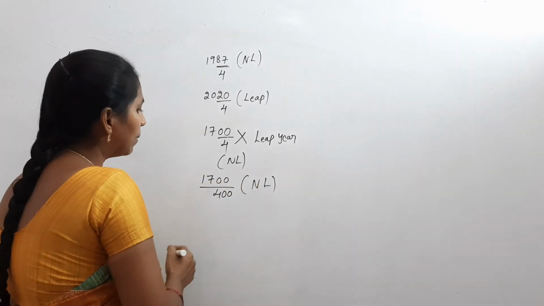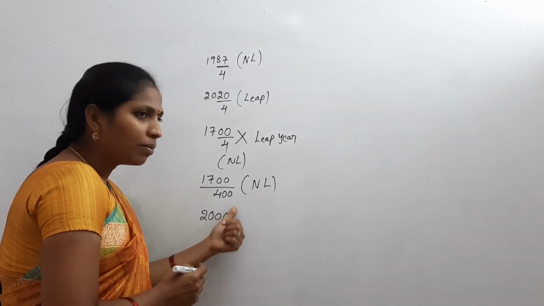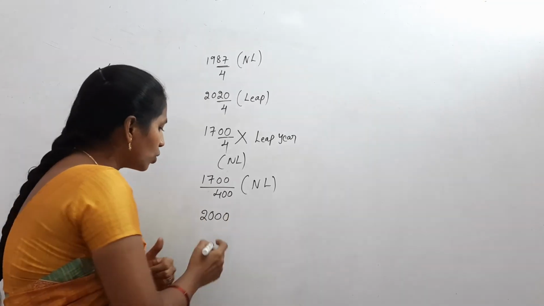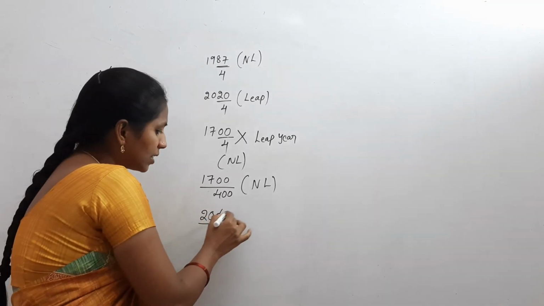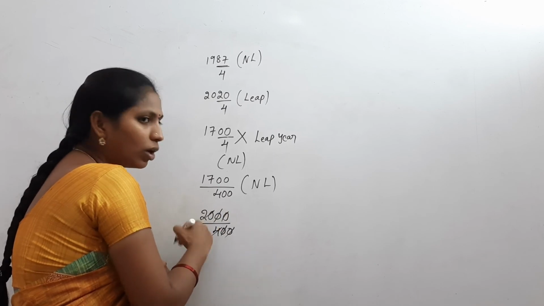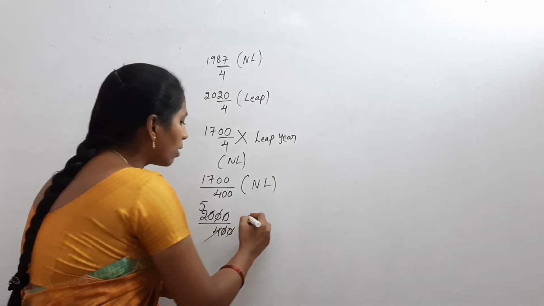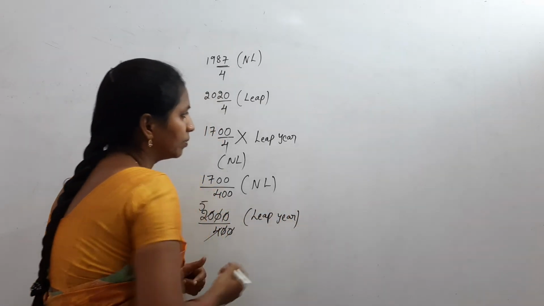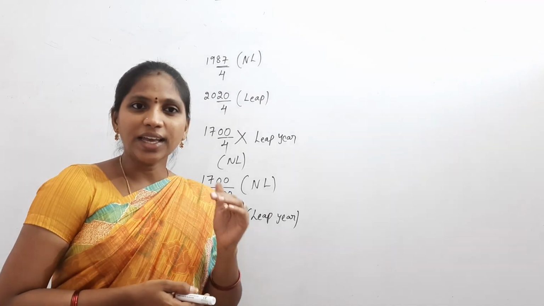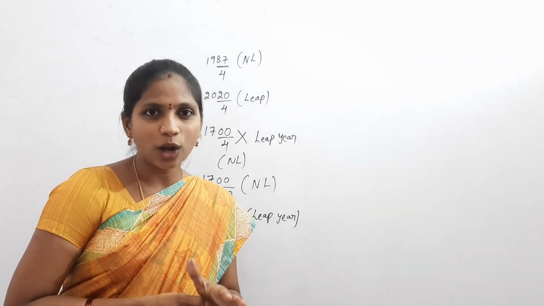Take one more example, 2000. It is also a multiple of 100. So check by 400. Then the zeros cancelled and 4, 5 times cancelled. Remainder is 0. So 2000 is a leap year. So here, take the year and check whether it is a multiple of 100 or not.